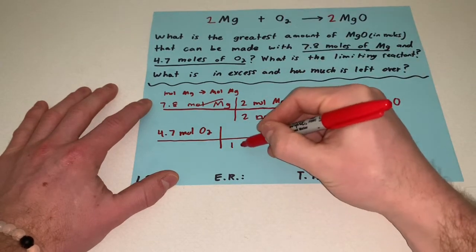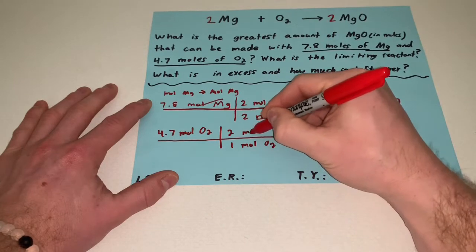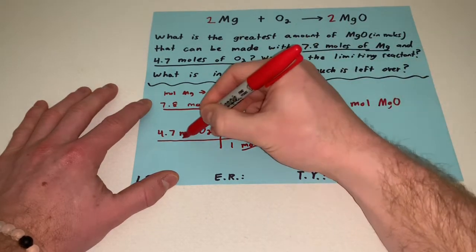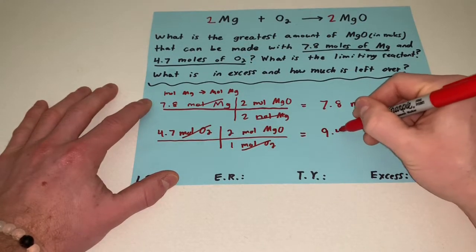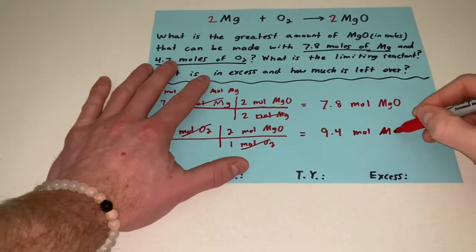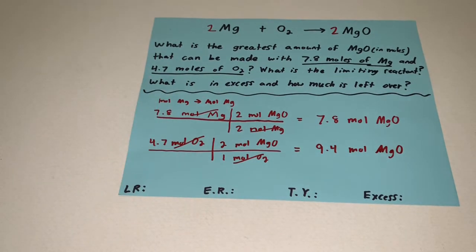We have 1 mole of oxygen for every 2 moles of magnesium oxide. This cancels. 4.7 times 2 is 9.4 moles of magnesium oxide.